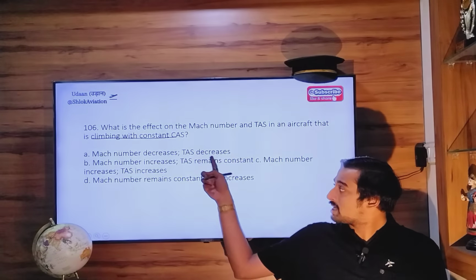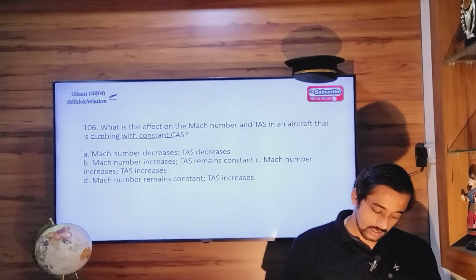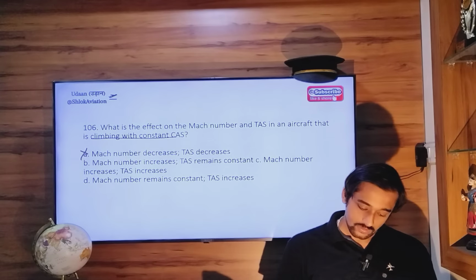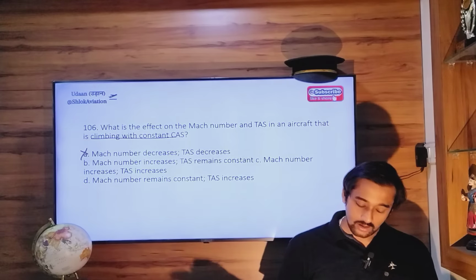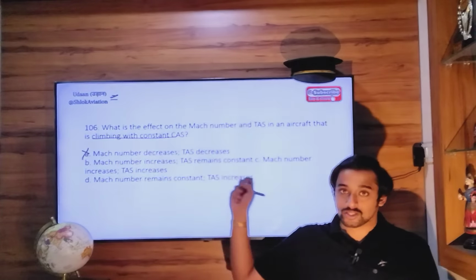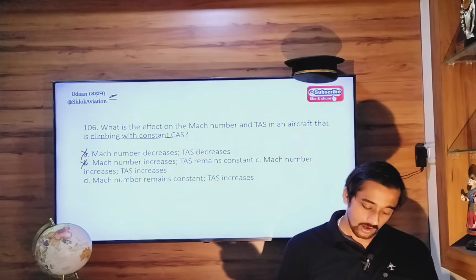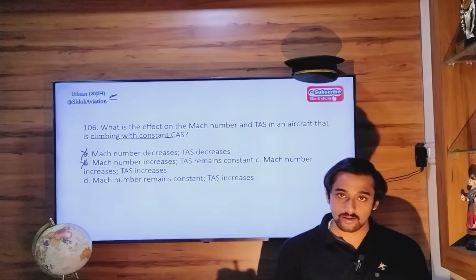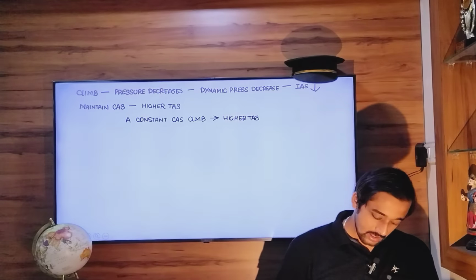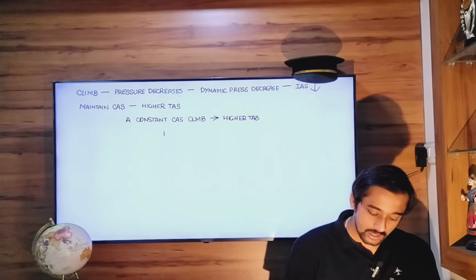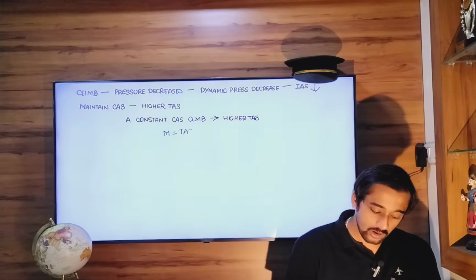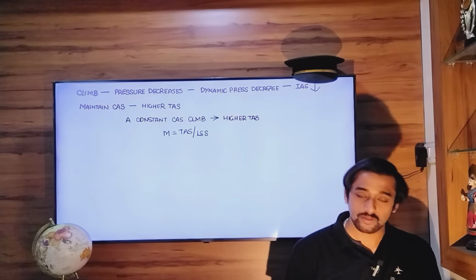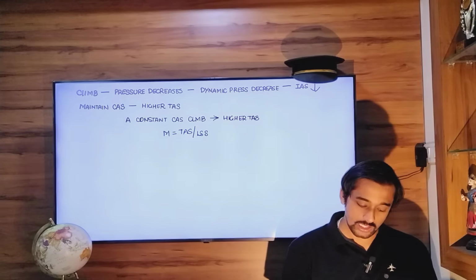Here it says TAS decreases, so that is wrong. Option B says TAS remains constant, so option B is wrong. Now we are left with options C and D. Now look at the Mach number. What is Mach number? Mach number is true airspeed upon local speed of sound.